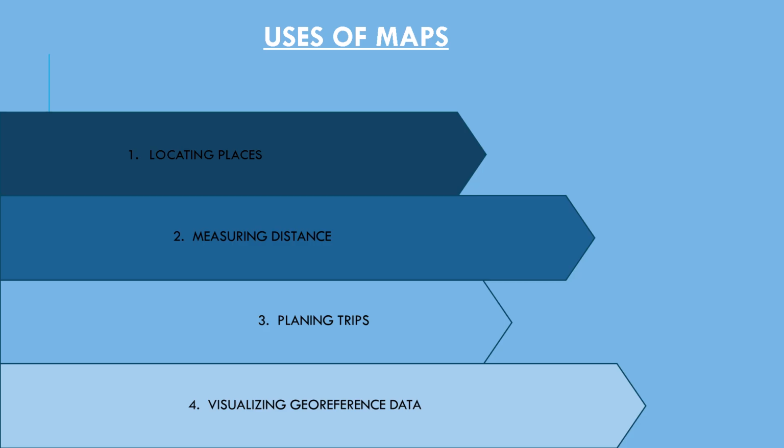And secondly, we have measuring distance. We can also use a map to measure the distance. Planning trips. Maps can also be used for planning trips or vacation. For example, locating which country or places you would like to have your trips on. And lastly, we have visualizing georeference data.